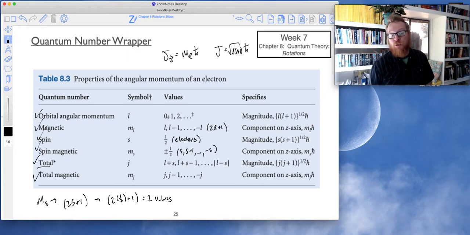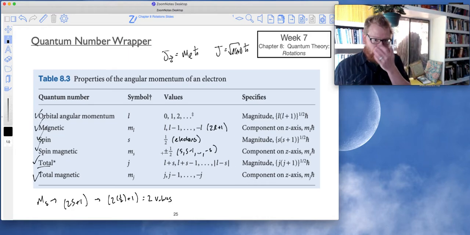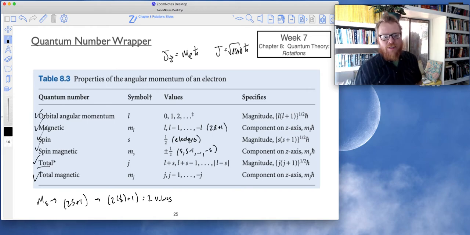And of course, those values are plus or minus 1/2. And so then we would see the same thing for mj. mj will take on 2j plus 1 total degenerate values.